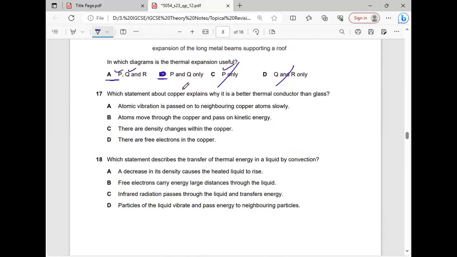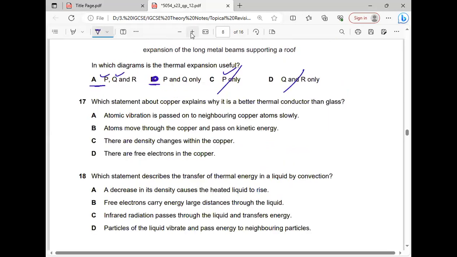Number 17. Which statement about copper explains why it is a better thermal conductor? Copper, metal, and metal carries free electrons. Okay. Atomic vibration?